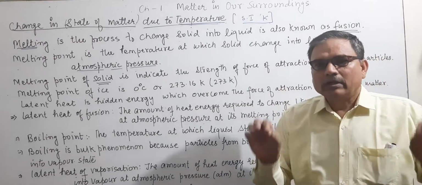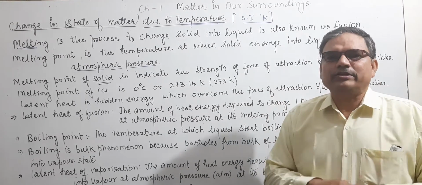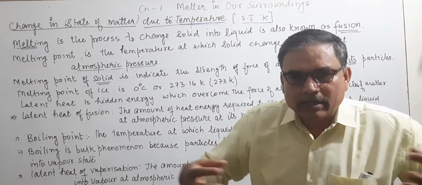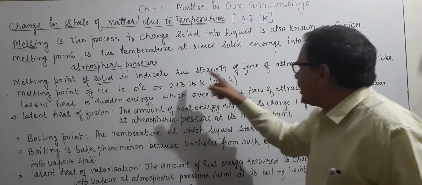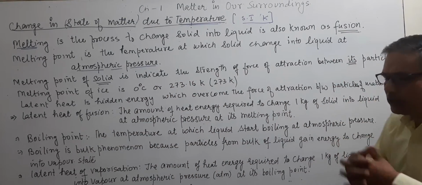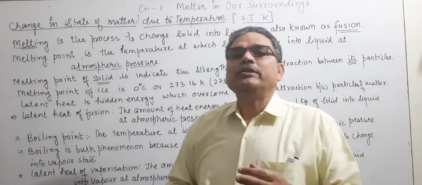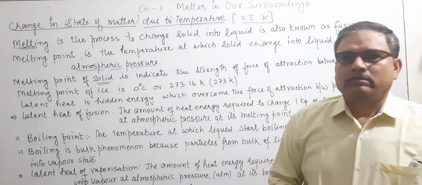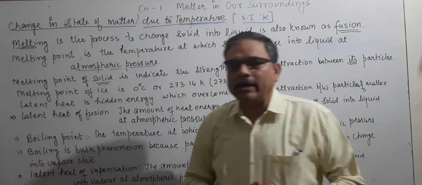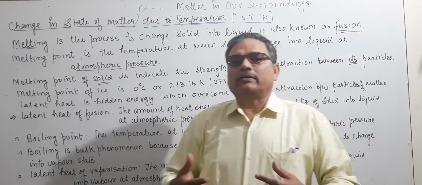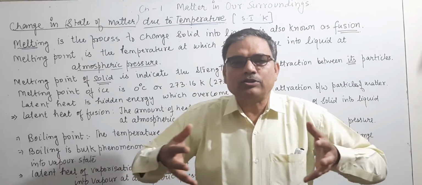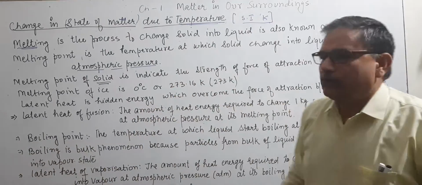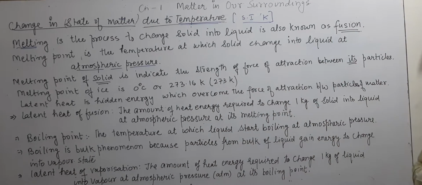So what does the melting point indicate? The melting point indicates the strength of the force of attraction between the particles of matter. The melting point of a solid indicates how closely and tightly the particles are packed, which indicates the strength.